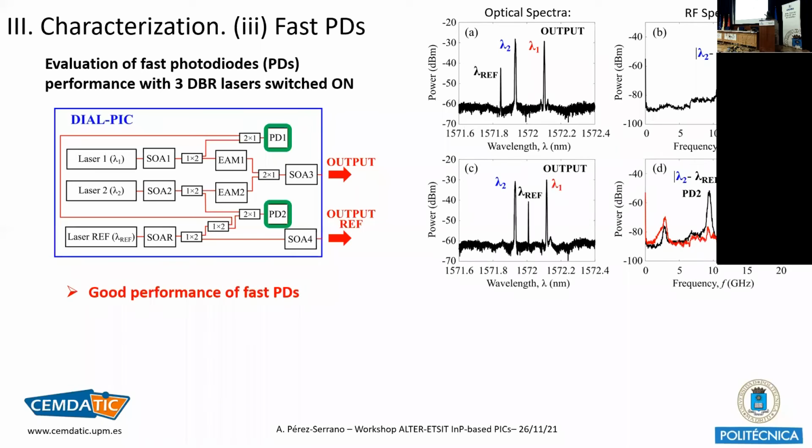When we put this reference between both signals, we can also get the beat-in signals of both photodiodes. So we conclude that there is a good performance of the fast photodiodes, at least for the application that we want.